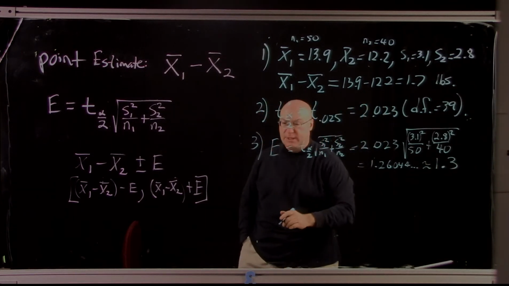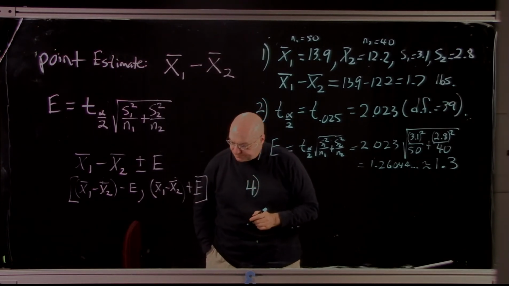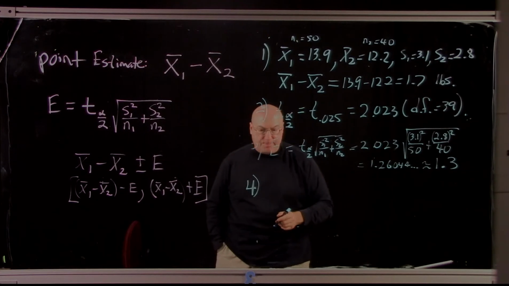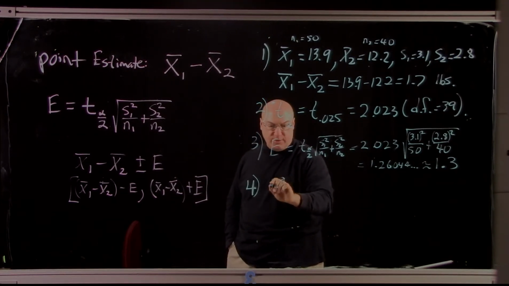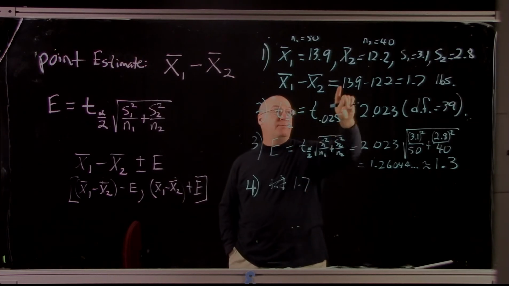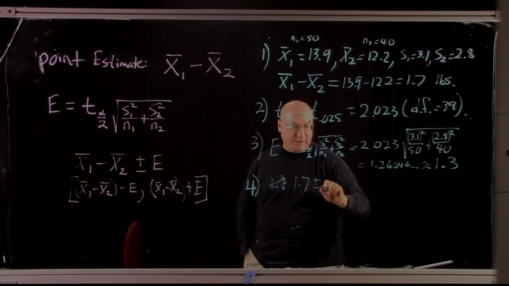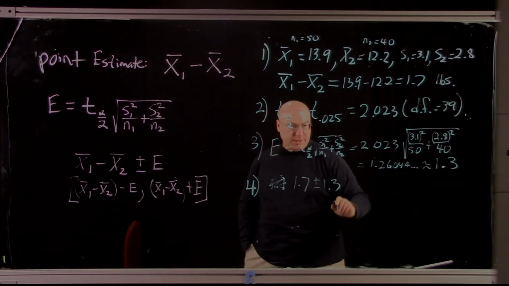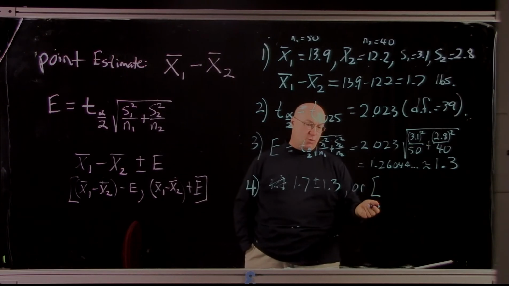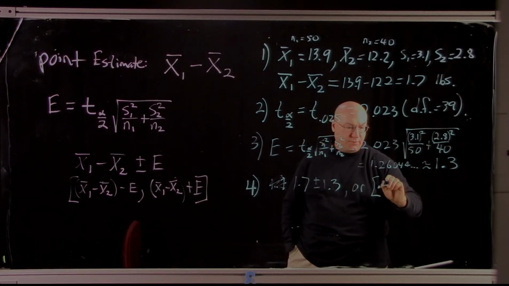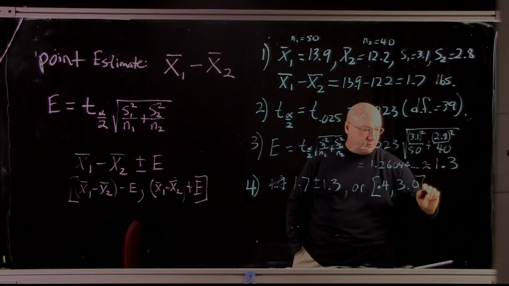Okay, step 4. Just what is the confidence interval then? It's the 1.7 point estimate plus or minus 1.3. And it's a little better if we write that in interval notation. 1.7 minus 1.3 is 0.4. 1.7 plus 1.3 is 3.0.